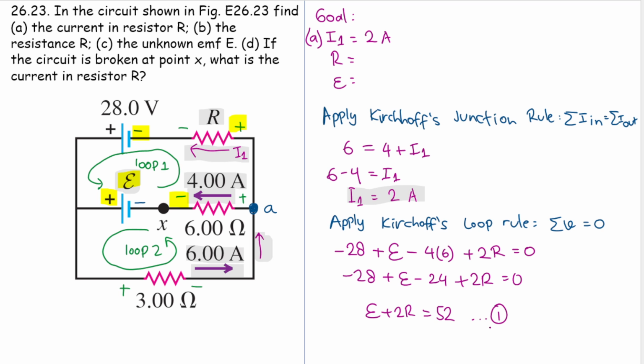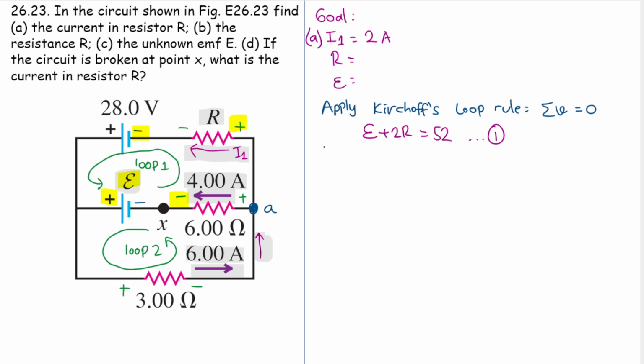Okay, and we can do another KVL here. I mean the loop rule, the Kirchhoff voltage law. We usually call it KVL, and now in loop 2. Maybe let's clean up our slide and see what we can do next.